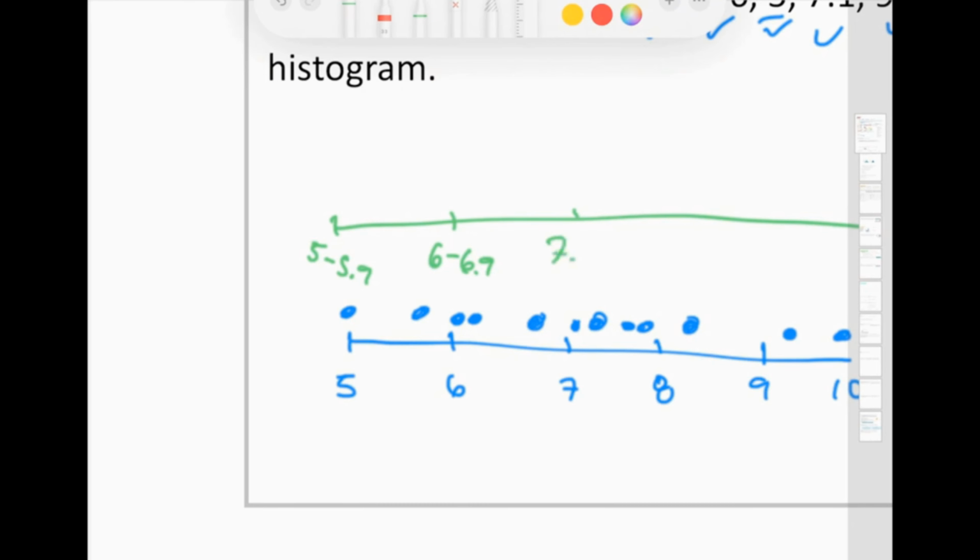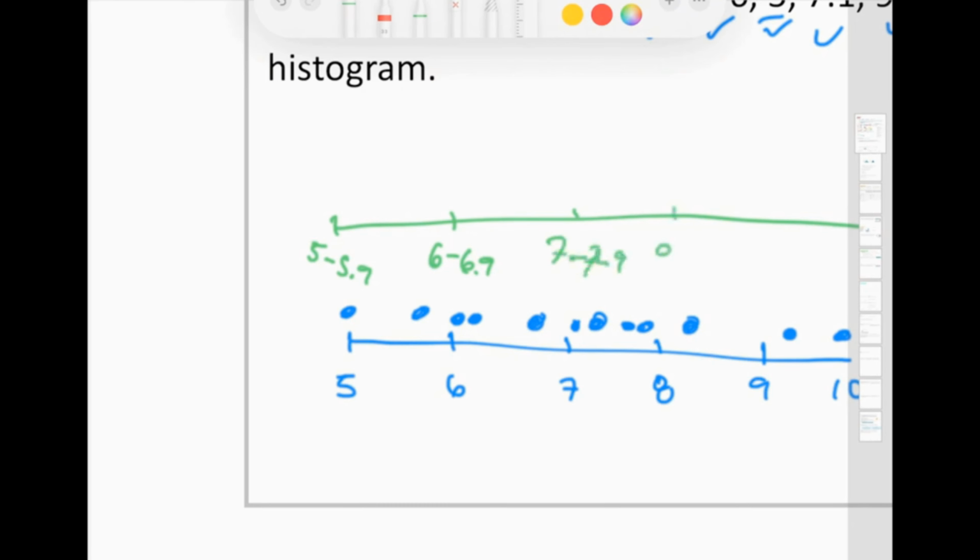And 7 through 7.9. 8 to 8.9. 9 to 9.9. And I'm going to do it again, so 6.2. But I'm going to just put it above the tick mark this time. 7.6 is in this bin, like a drawer, kind of like you put away your clothes. 7.1. See what I did there?